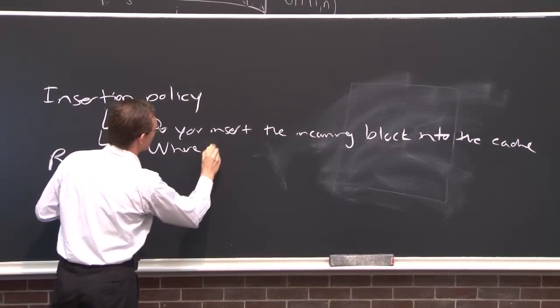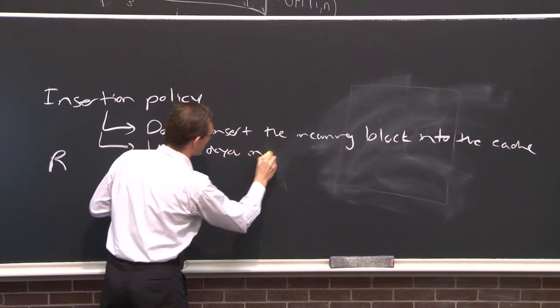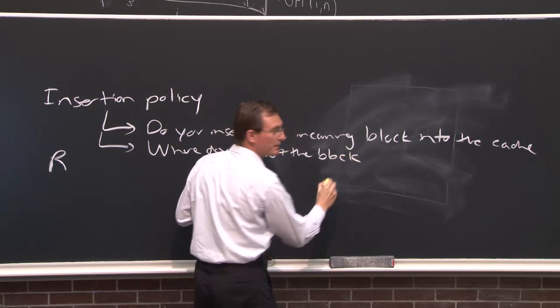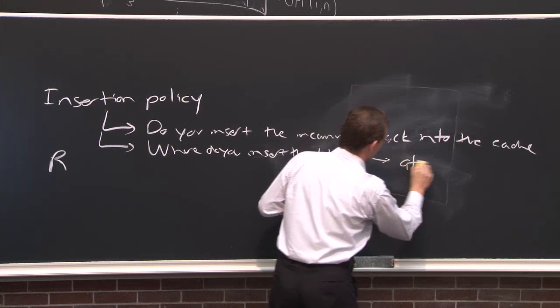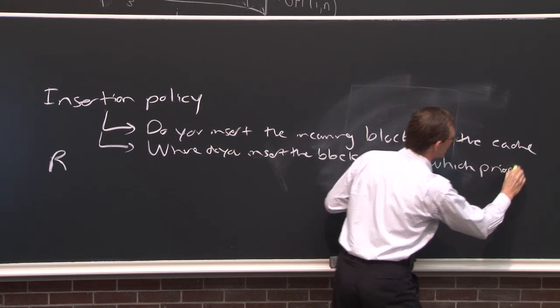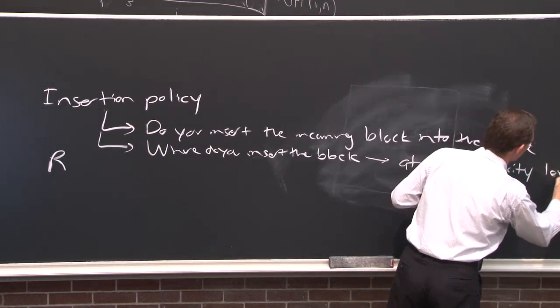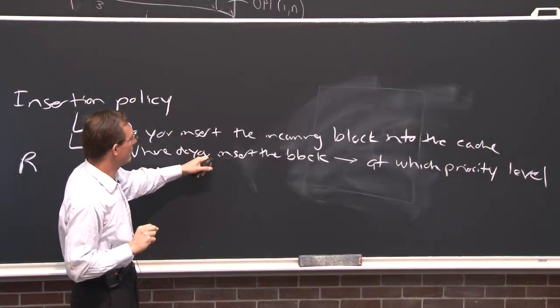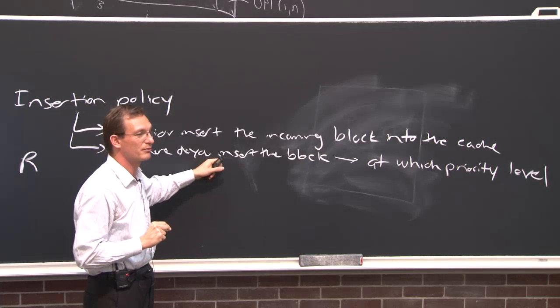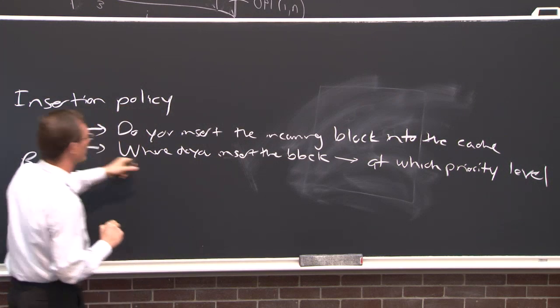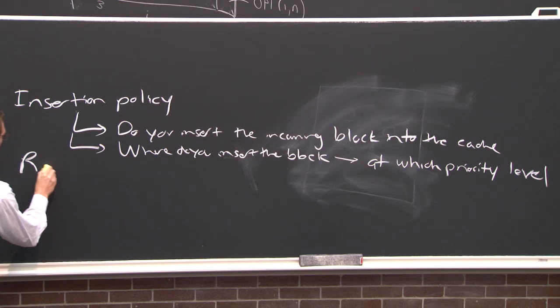At what priority do you insert? This determines when the block will be replaced. I guess I'll call this the priority level. You can think of replacement as a prioritization mechanism, right? You have some priorities with the blocks, and whenever you need to evict one block, you kick out the one that has the least priority. And when you insert the block, you can put it at some priority level.